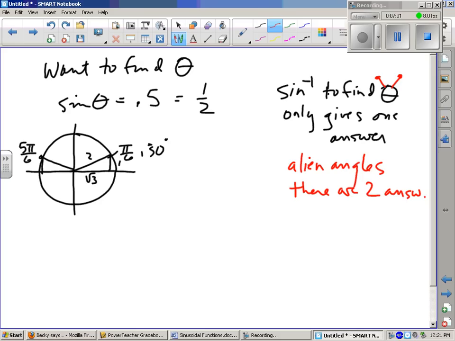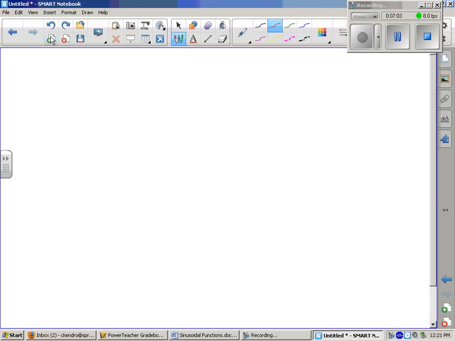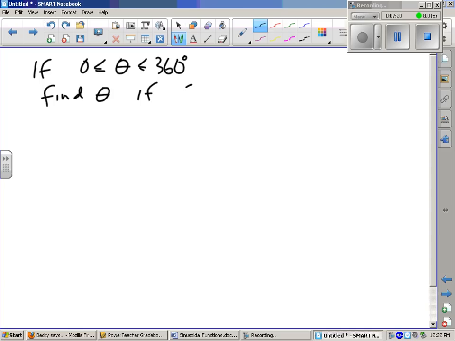All right, let's do a few problems here. If theta is between 0 and 360, find theta if the cosine of theta equals 0.9266.